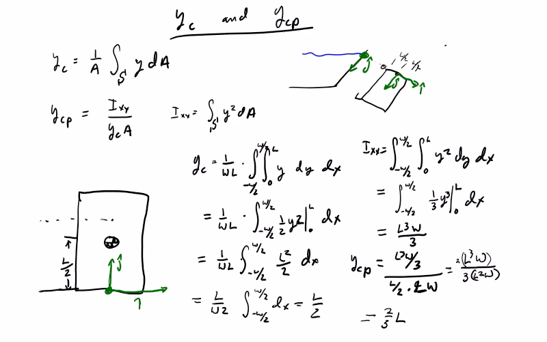Now I know you're going to be confused because you said, Dr. Christopher, you said it's always deeper, but remember our frame of reference: 2L over 3. If we flip this back around to our original frame of reference, here's the centroid, so here is YC, and here is YCP.